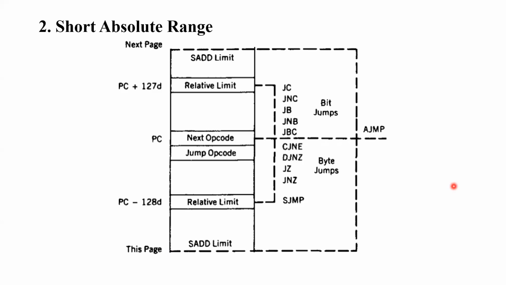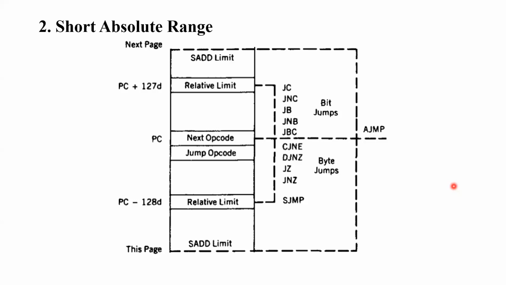But if there is a jump to the previous page, to the previous address, then assembling is an issue there. As a programmer, we need to take care of those situations. If it is forward, there might not be an issue, but if it is backward, there could be some issues with some assemblers.